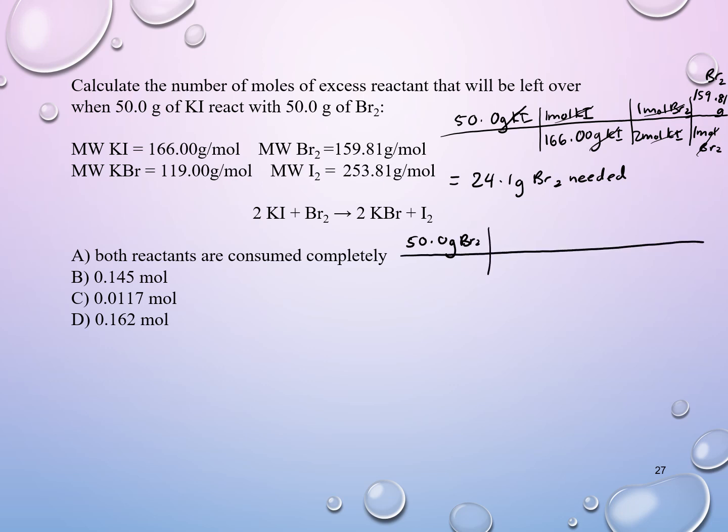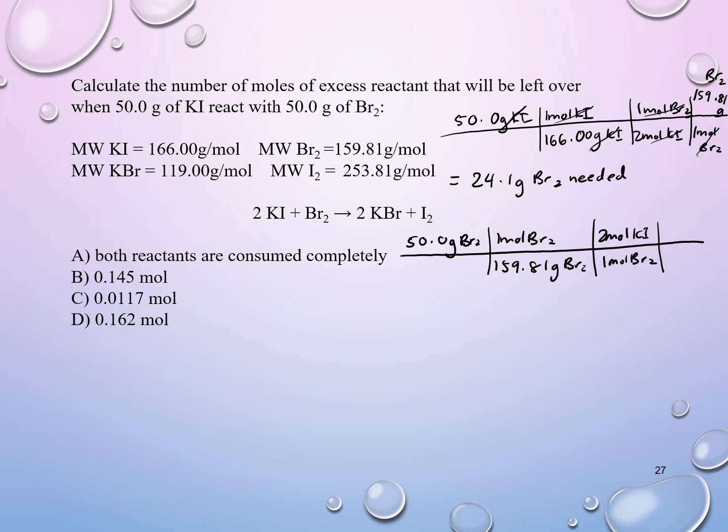Let's go ahead and turn it to moles. 1 mole of Br2 is 159.81 grams. And then our mole-to-mole ratio is 1 Br2 to 2 moles of KI.